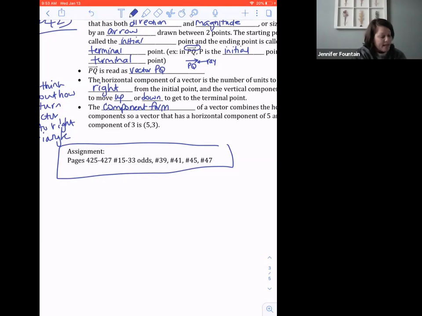Number 39, we have a figure. And it says to use a straight edge and graph paper. A straight edge is just a ruler, okay? So if you have a ruler, great. If you don't, use an edge of a piece of paper just to try to connect your points. Or if you're really good at drawing straight lines, don't stress about that.